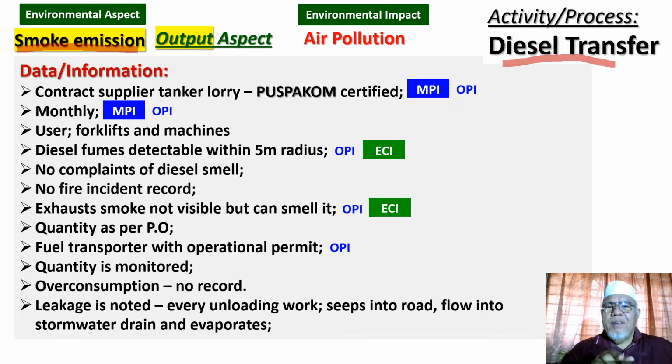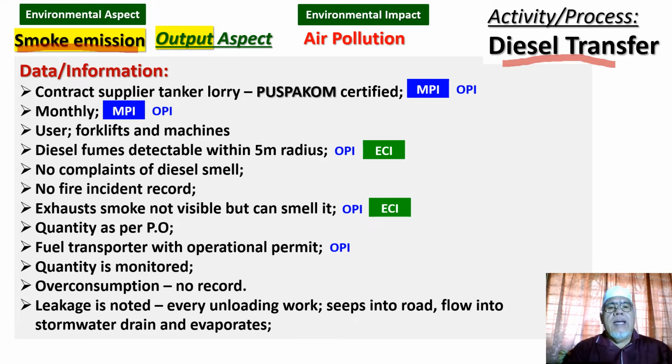Not from the factory's boiler. No, this is a diesel transfer, a contract outsourced supplier of diesel coming in with a diesel-powered engine lorry, which emits smoke. We are doing that evaluation. So, the data that could represent this activity is listed here.